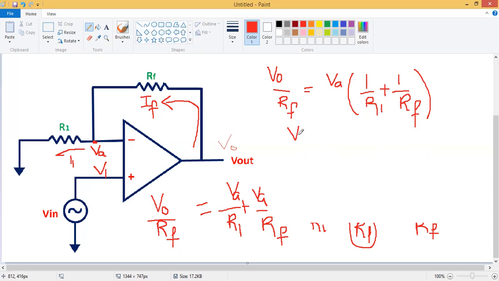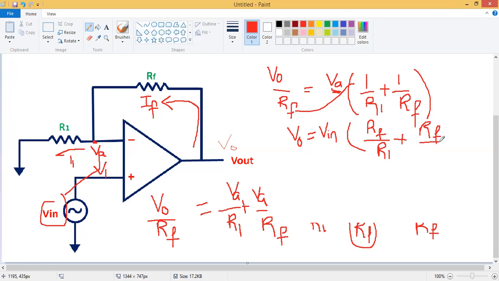So V naught is equal to Vin into RF, writing RF inside, RF by R1 plus RF by RF. RF by RF value is 1.